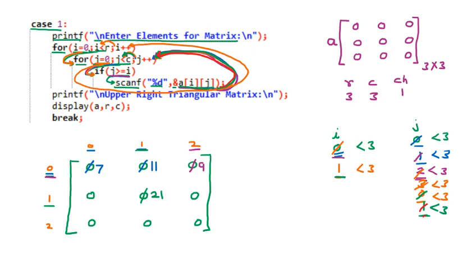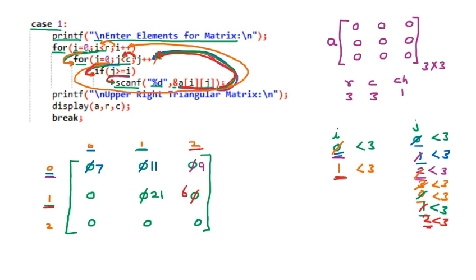Afterward, again going back, and j++. So j is 2. Condition check: is it less than 3? 2 less than 3, true. Again checking, j greater than or equal to i. 2 greater than or equal to 1, true. Coming down and taking the input. So here a[i][j] means a[1][2]. We are taking the input, so this is replaced with some value. Let us suppose the user has entered 6.